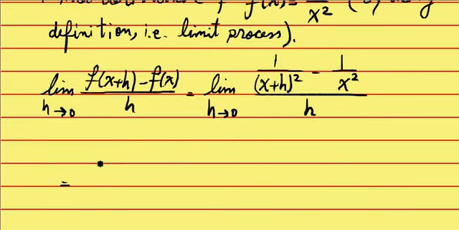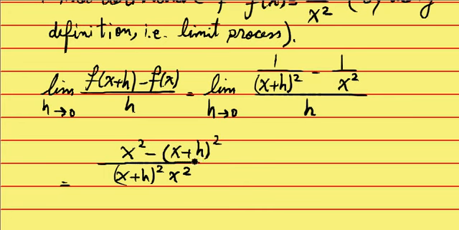Now I have to go ahead and patiently take a common denominator. This is x plus h squared times x squared. Here I'll have x squared minus x plus h squared, and the whole thing divided by h. I forgot my own advice: limit of h going to 0.